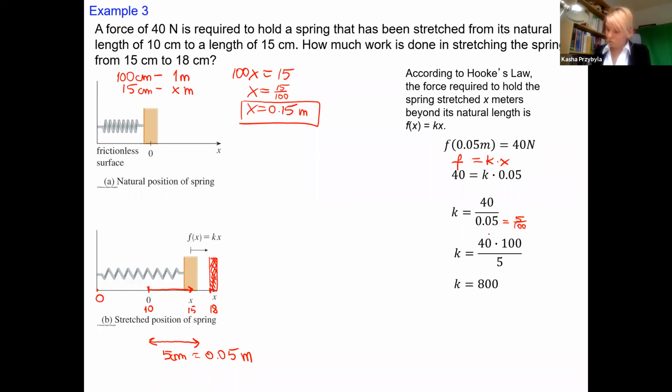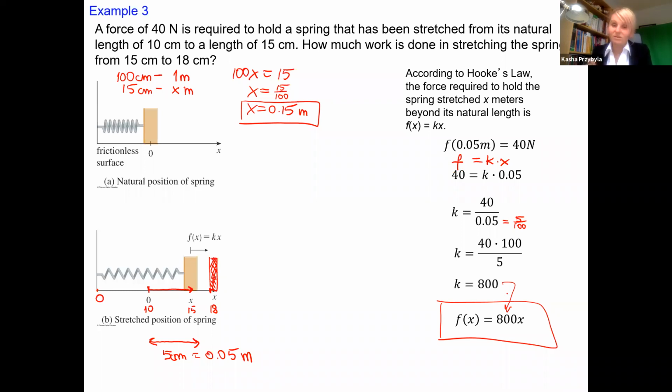That means I do have a coefficient, 800. So 800x will be my force. We had the force given on the given distance, just 5 centimeters, and then I calculated k and substituted it back into the formula, kx.